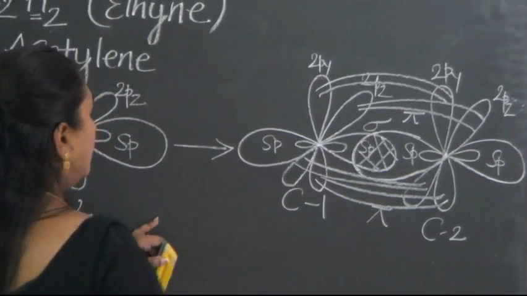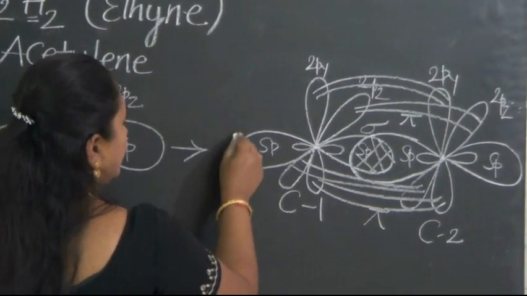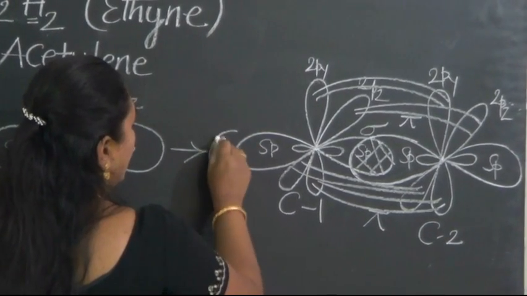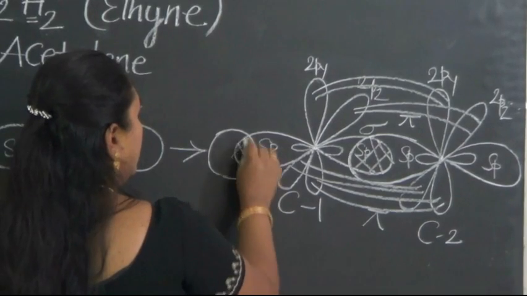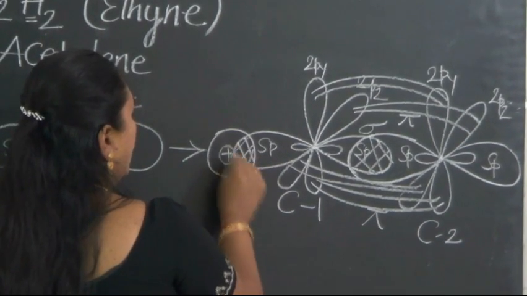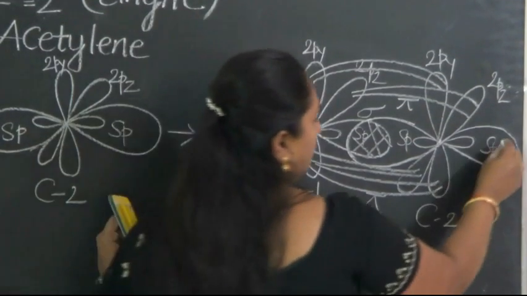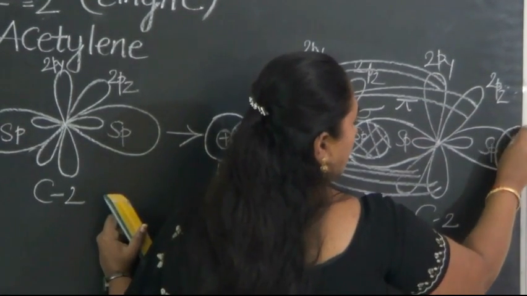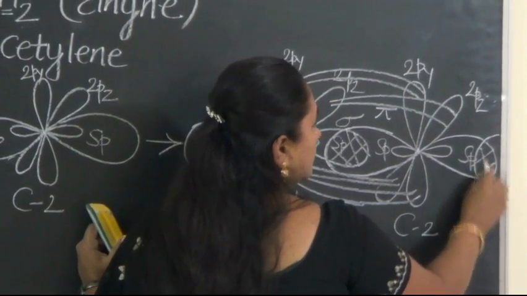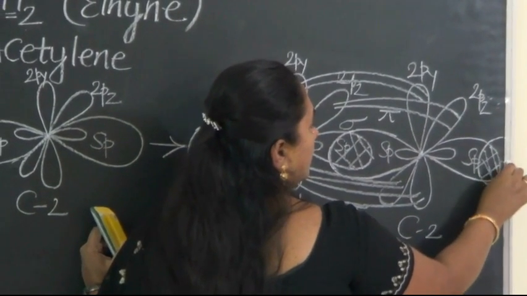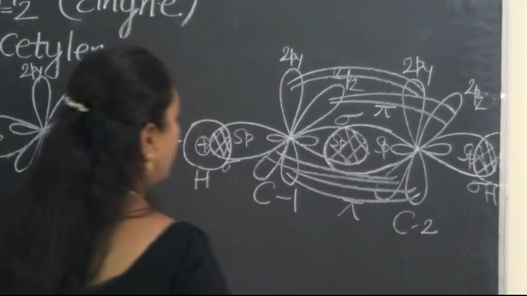What else is there? So now the hydrogen atoms. There are 2 hydrogen atoms which will undergo head-on overlapping with the carbon atoms like this. There's no space there, so I will just write it. So hydrogen, resulting in the formation of a sigma bond.